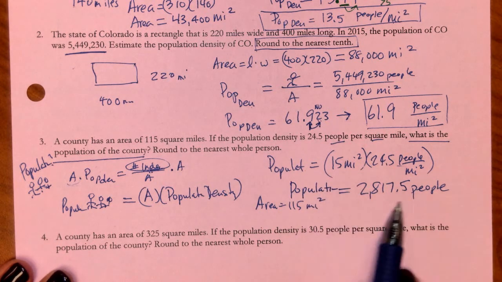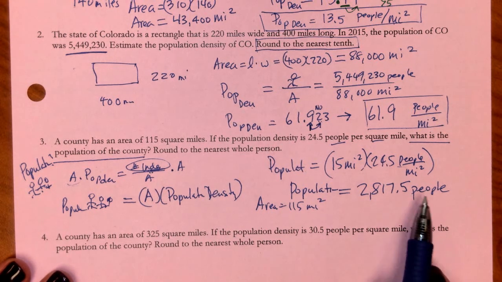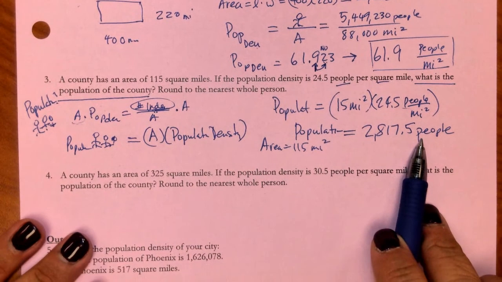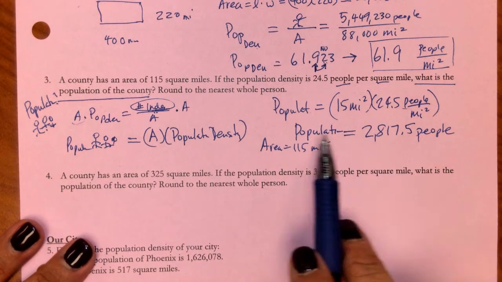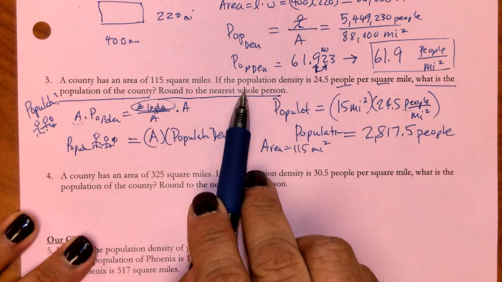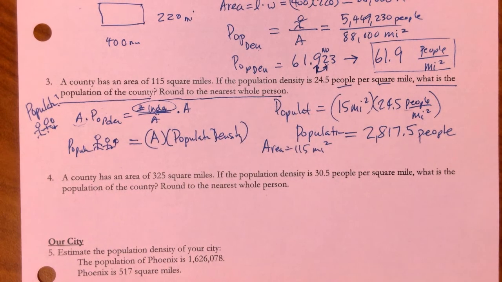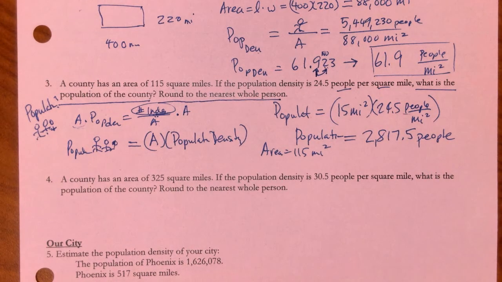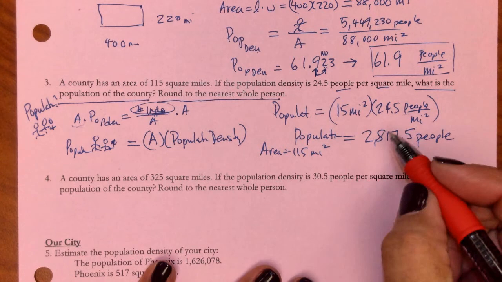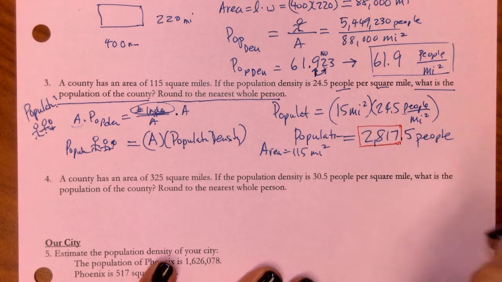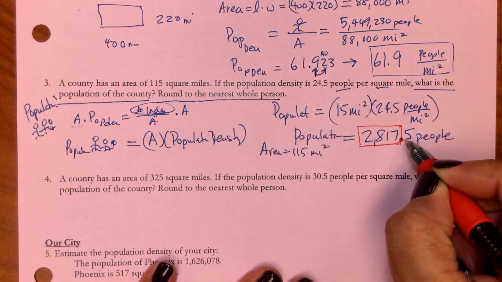Now, this is people, because we're figuring out population. So you should already get hints here that people are not halves, they're not parts, they're wholes. Sure enough, what are they asking for? Round to the nearest whole person. This is the whole part, and what we have to look at is the digit after the decimal.